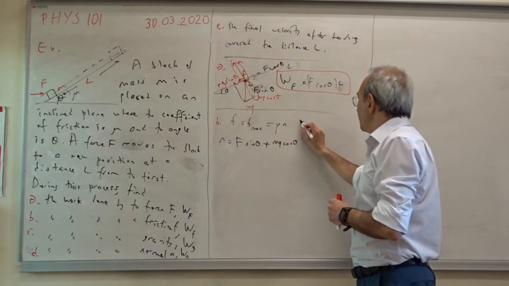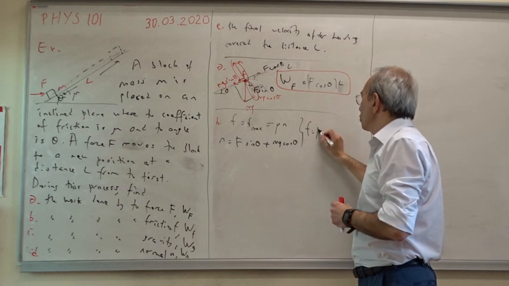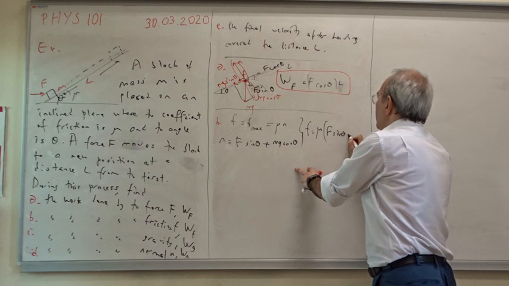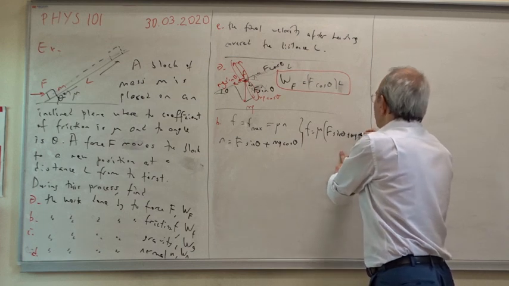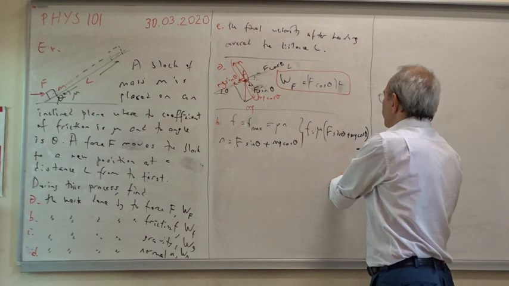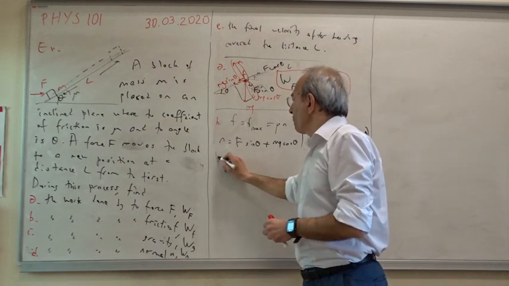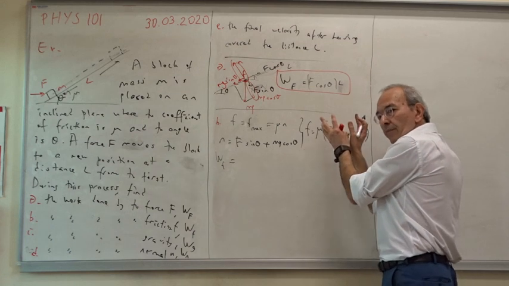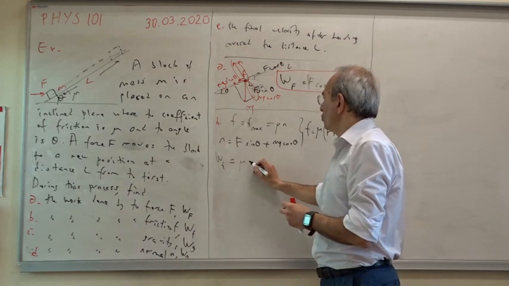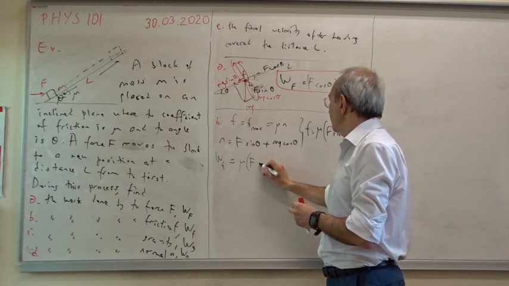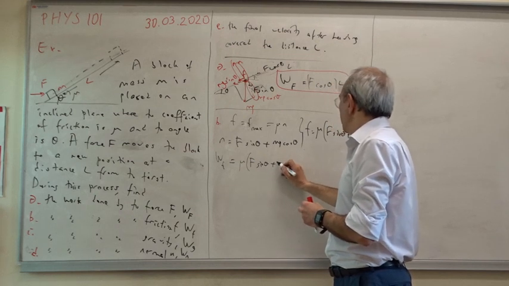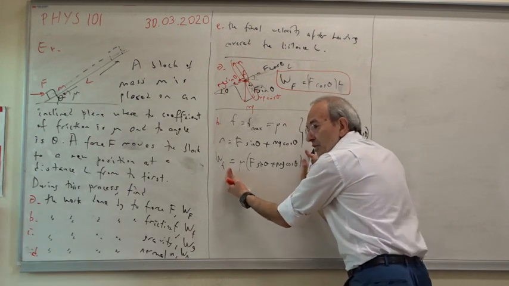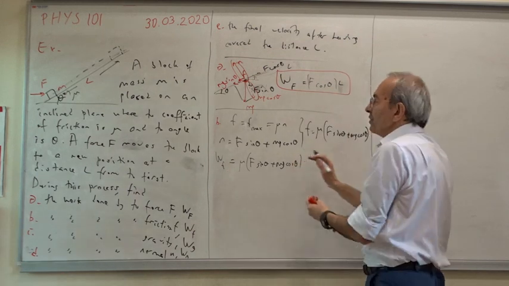So the friction force can be written as mu times F sine theta plus mg cos theta. Next, the work done by the friction force is this force, mu times capital F sine theta plus mg cosine theta, which is just the friction force, multiplied by the distance L.